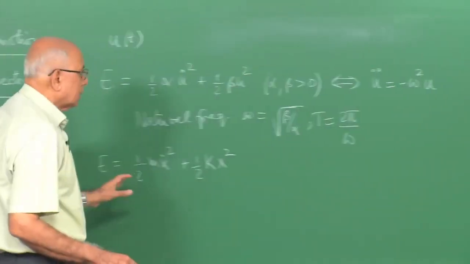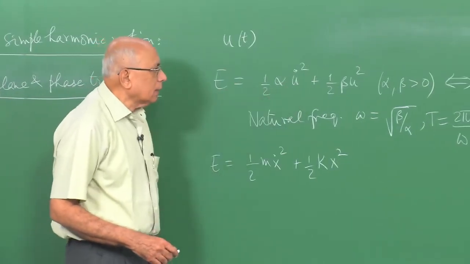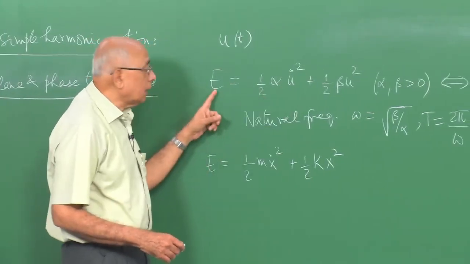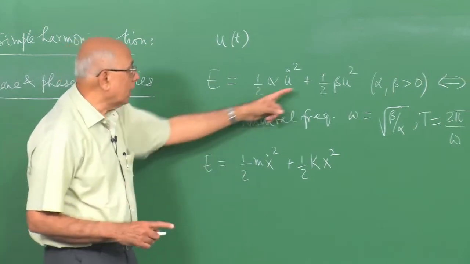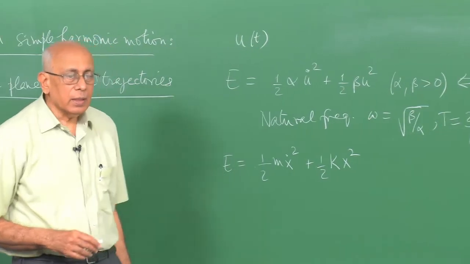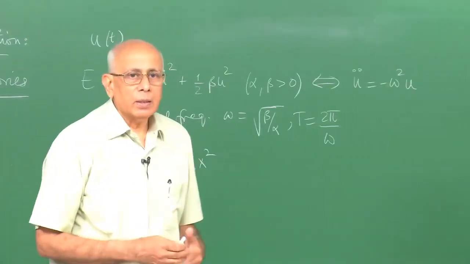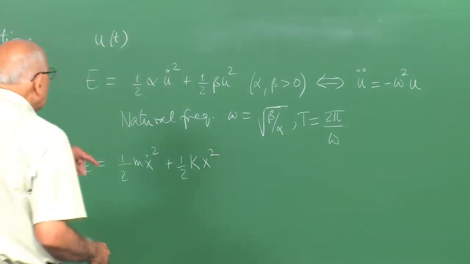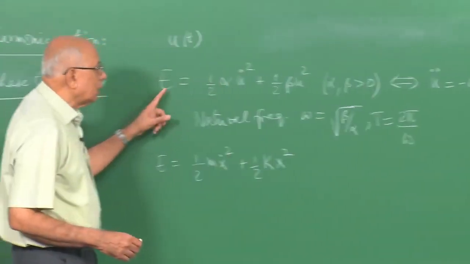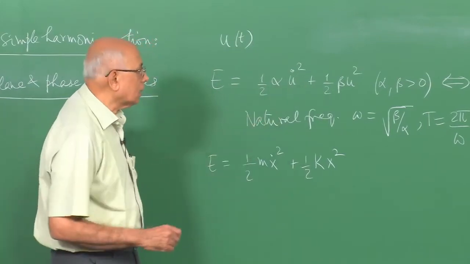Now given the fact that you have an energy which looks like this, it is clear that the energy cannot be negative because these are squares and these are positive coefficients here. So the least value of the energy is 0 when there is no motion at all, when the system does not move, u remains 0 at all times. But for all other values of E, all positive values, you have solutions here which are non-trivial motion about some center of oscillation.